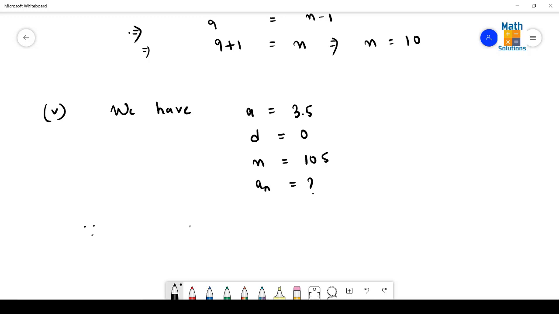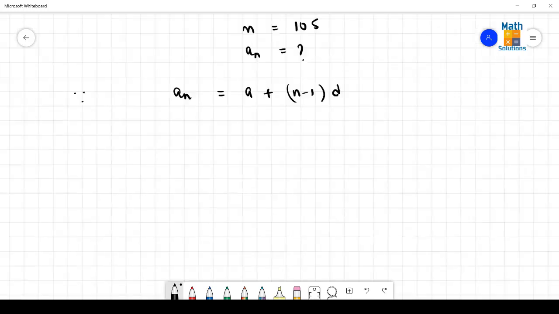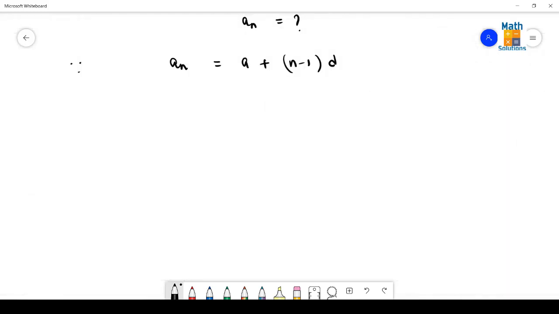So since An is equal to A plus N minus 1 D, in the respective places let's put the values. In place of A we can put 3.5, then in place of N we can put 105 minus 1 into 0. Since this is 0, the whole later part will turn 0, and I shall be getting back here 3.5.